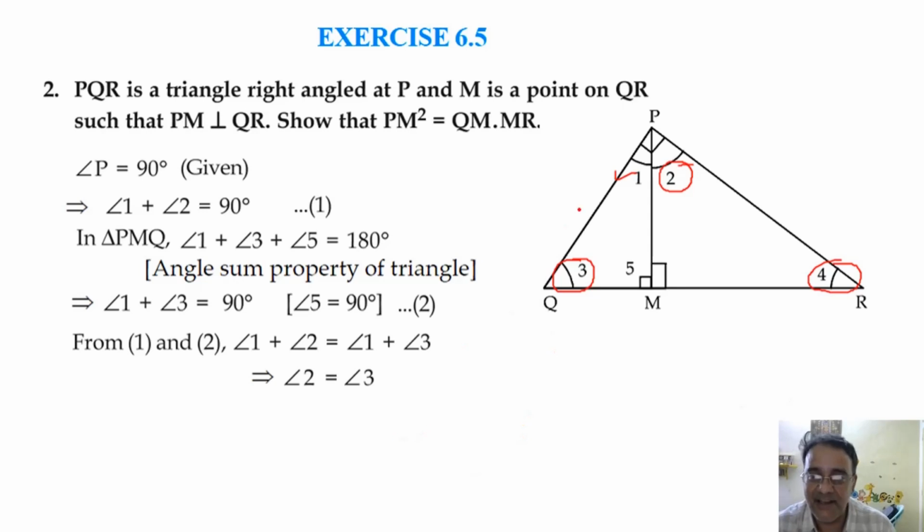So similarly angle 1 will be equal to angle 4. So therefore now these two triangles we can write similar by which criteria? Angle 2 is equal to angle 3, angle 1 is equal to angle 4. By AA criteria, similar.